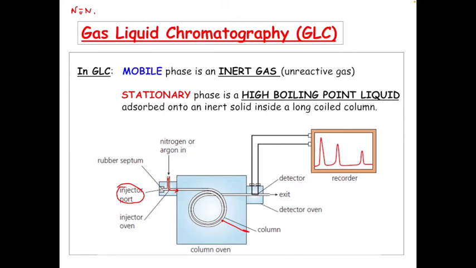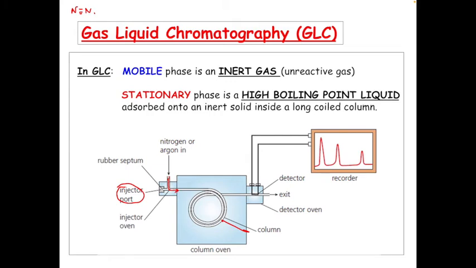As it goes round the column, the ones that move quicker, the small molecules or the ones that are not very polar, go really quickly and end up going through the other side quite quickly. Sorry, I think I've just said the wrong thing, so I'm just going to go back to make sure.